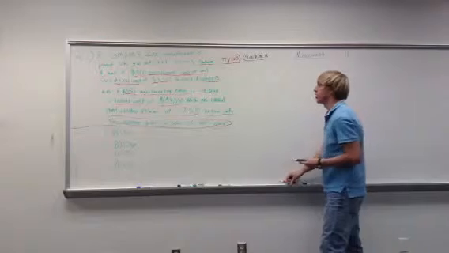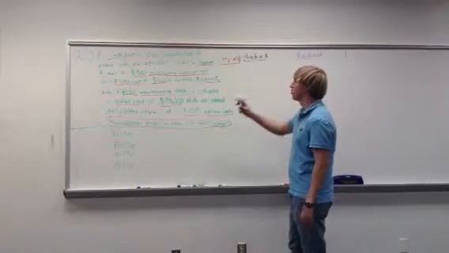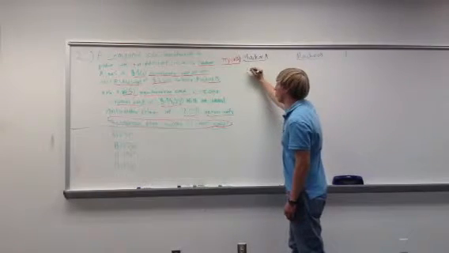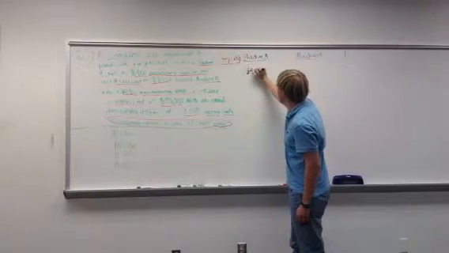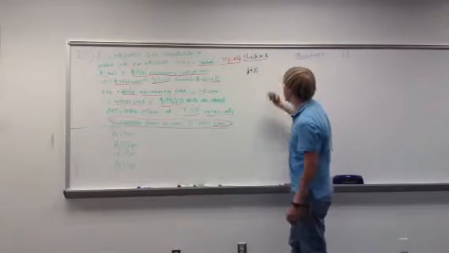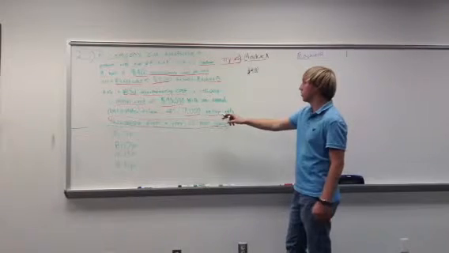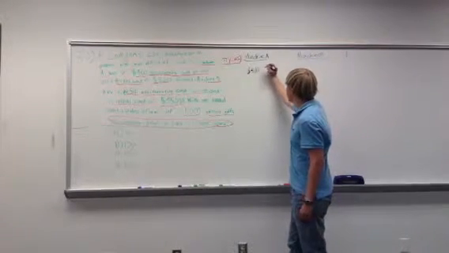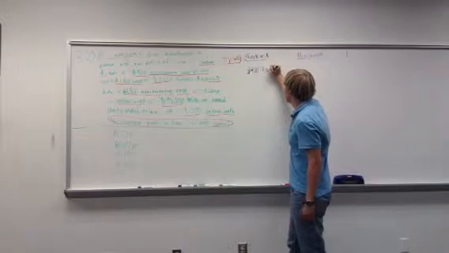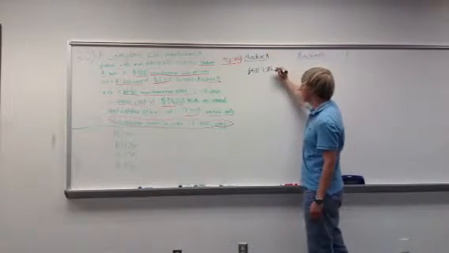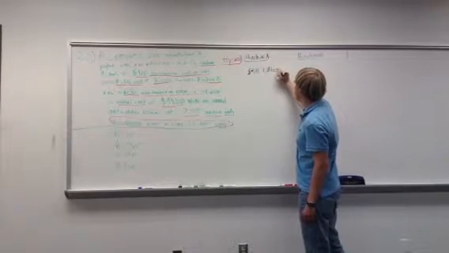So let's start with machine A. We have $4 manufacturing cost per unit. So we put that $4 here. And because it's per unit, we have to multiply that by 7,000 annual units. So that translates to 7,000 units per year.